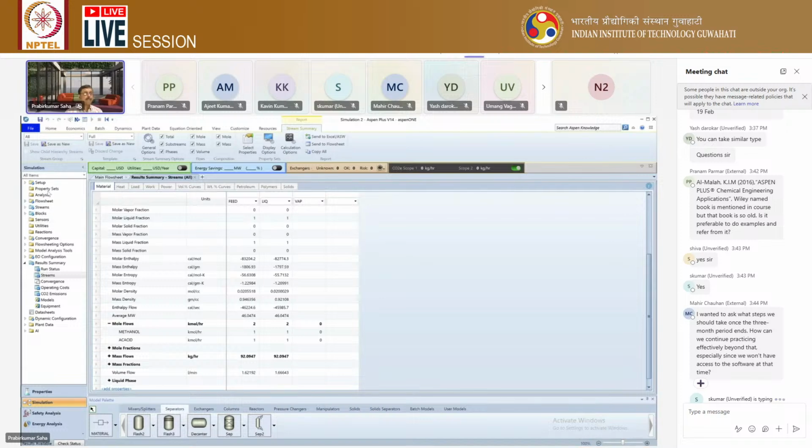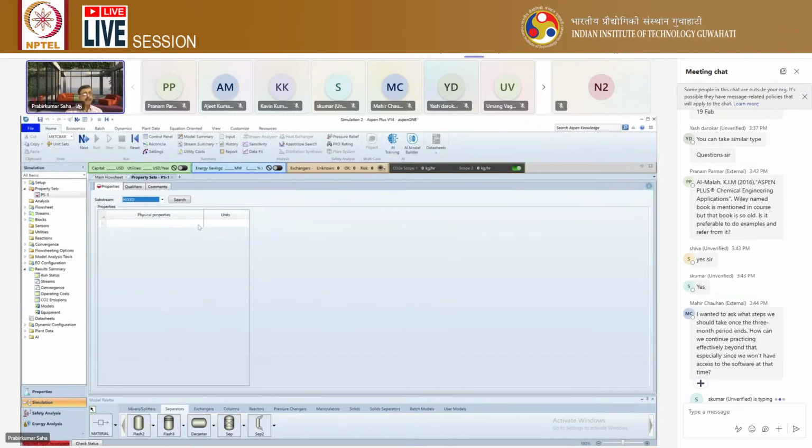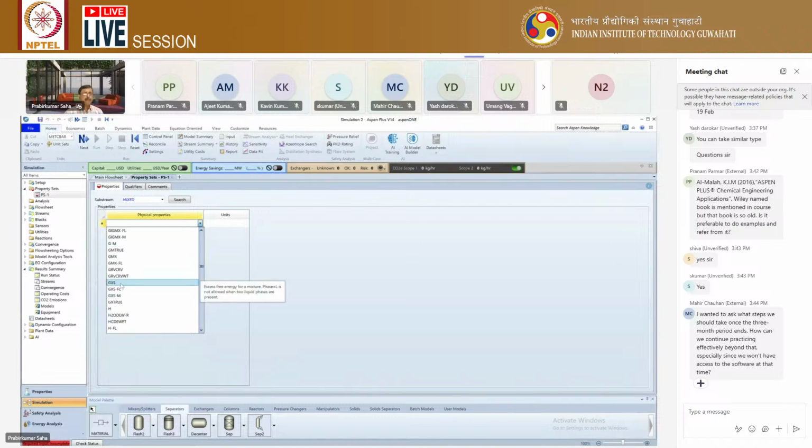There are other properties that you might find interesting. For instance, just go to the property set and add new properties. Say, open a new property set, and there you have plenty of such properties. For instance, you want to know the excess free energy for a mixture.